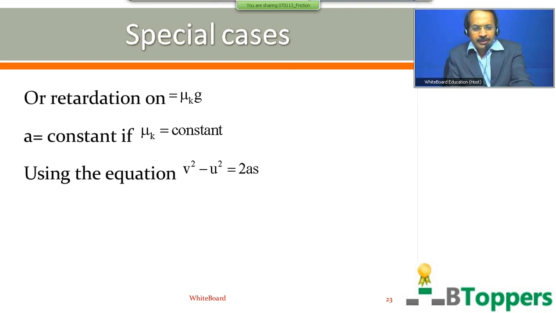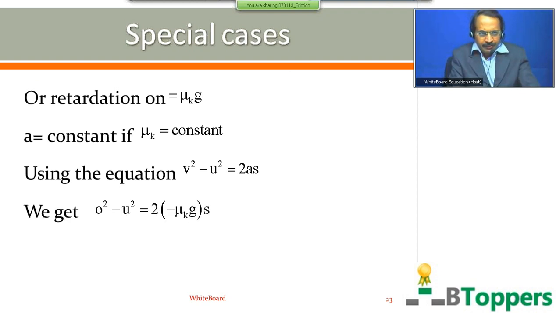So using the equation v square minus u square equal to 2as, you get 0 square minus u square equal to 2 into minus μk into g into s, or s equal to u square by 2 μk into g. Come on, copy down the working. The distance traveled by the block before it comes to rest during retarded motion is usually called the stopping distance.